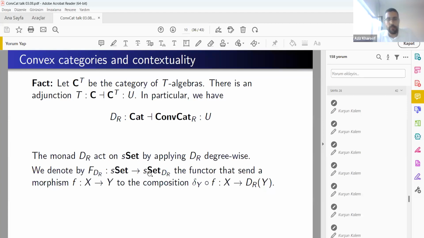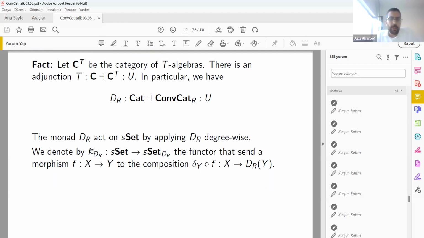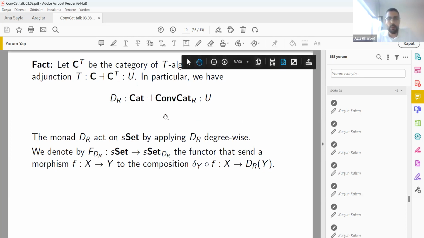This is the category of simplicial sets, and this is the Kleisli category, like this is set morphisms. In terms of objects it is the identity, but in terms of morphisms, it sends this morphism to the following morphism, the composition with delta. And if we take the transpose of this functor with this adjoint, we will get something related to the map that defines contextuality, this map theta.